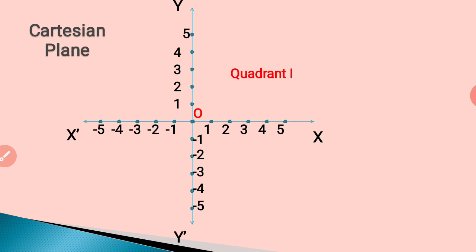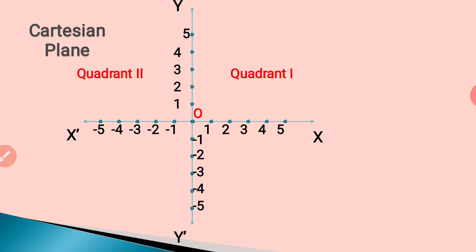Now when you draw such a pair of axes, that is x-axis and y-axis, the entire plane gets divided into 4 parts. Quadrant 1, which is on the right hand side above the x-axis.